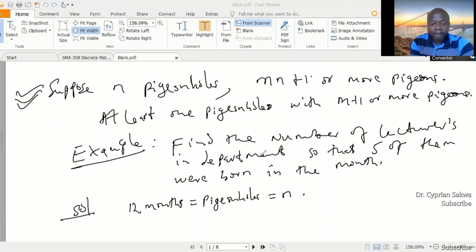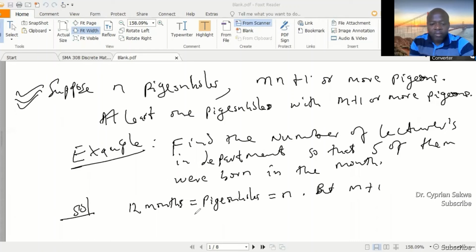Using this generalized pigeonhole principle, we know that at least one of these pigeonholes has m plus 1 pigeons.